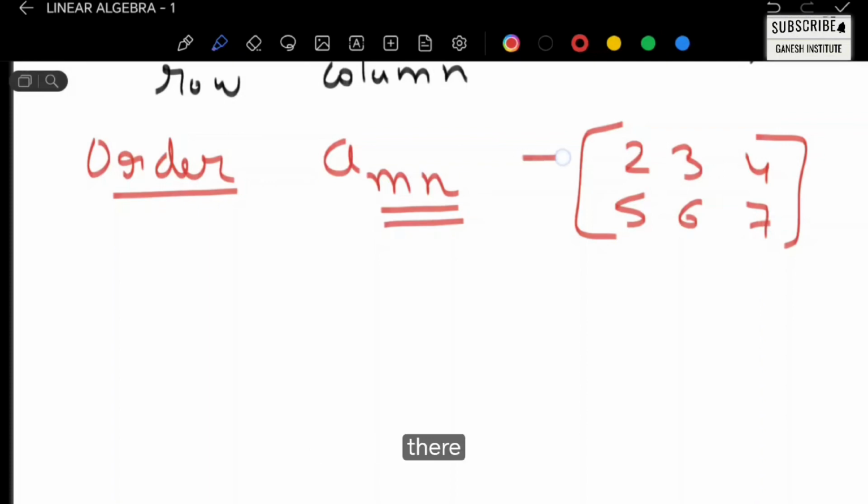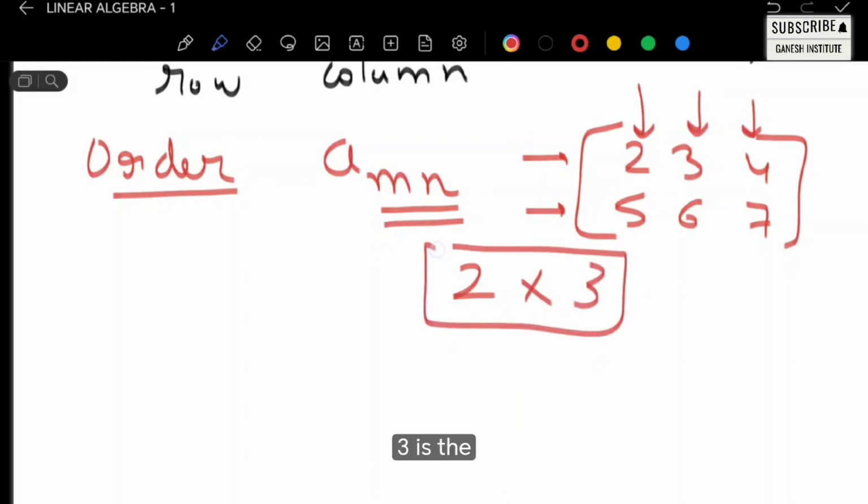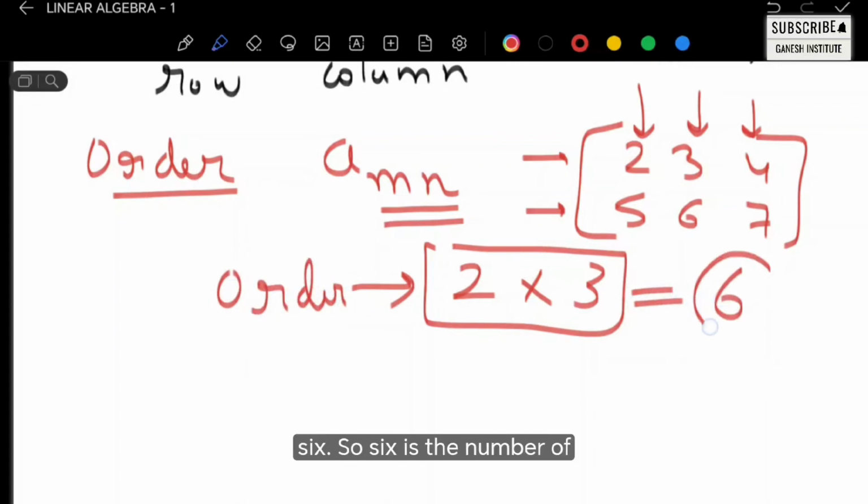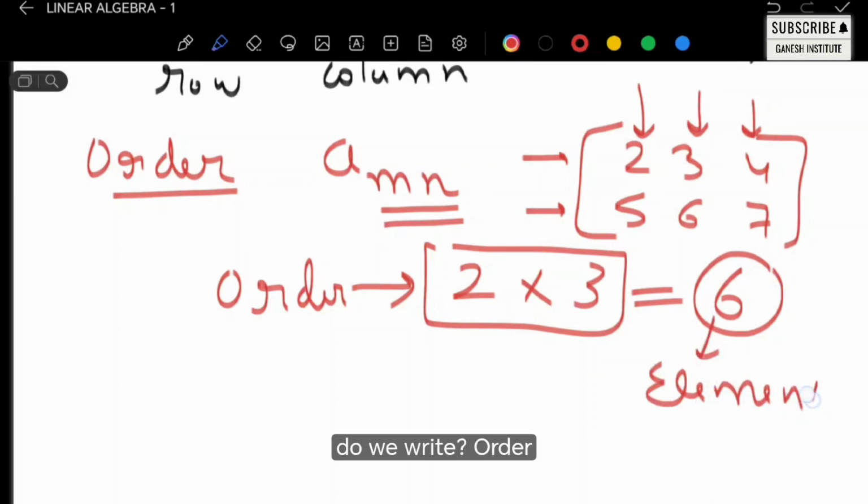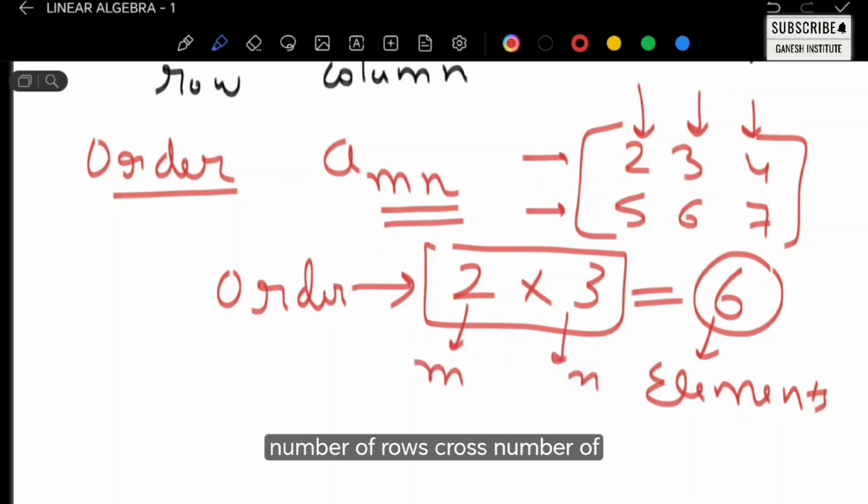How many rows are there? 2. How many columns are there? 3. So 2 cross 3 is the order, which brings us to 6, so 6 is the number of elements. So how do we write order? m cross n, number of rows cross number of columns.